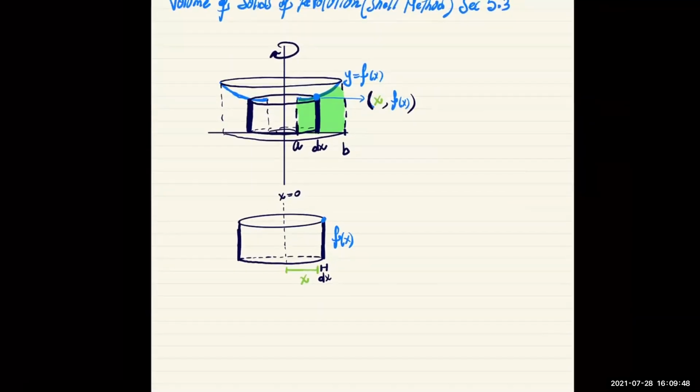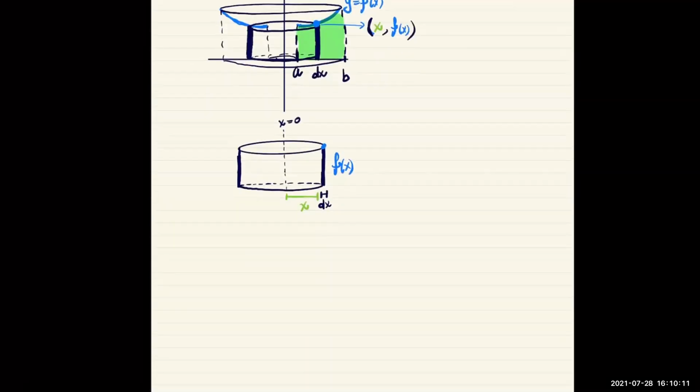Please let me know if you didn't get that. If I take any random point here on the graph, the x coordinate is x and its y coordinate is f of x. Therefore, that horizontal distance is just an x value. From here to here is just x. So I have the radius, the height, and the thickness.